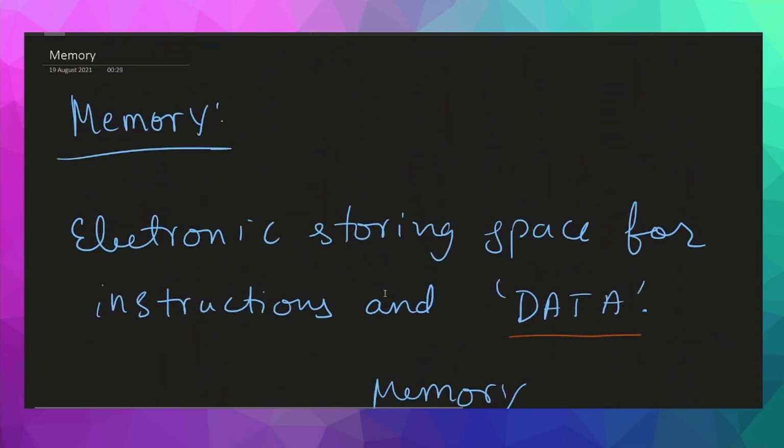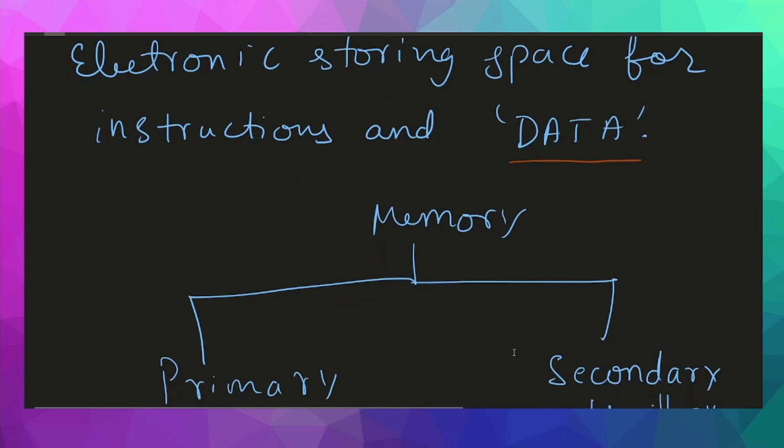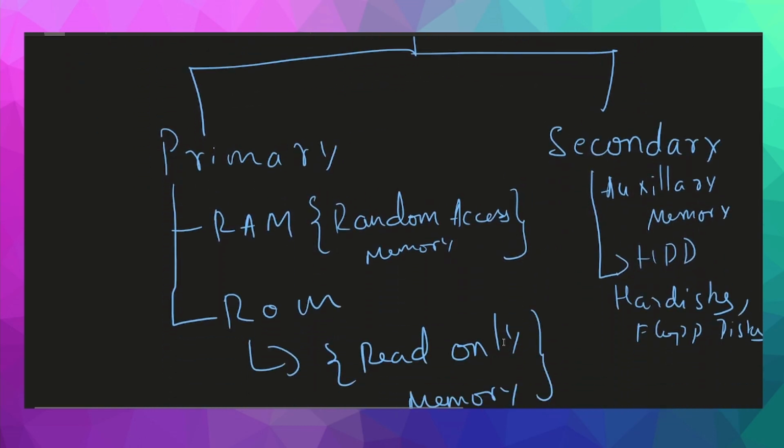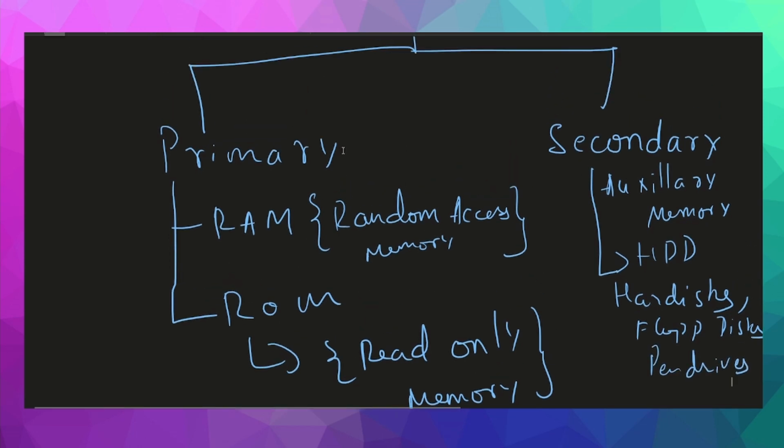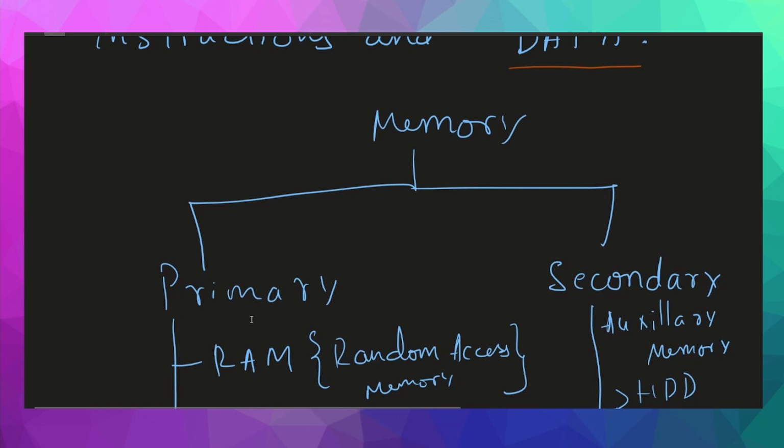Memory is the electronic storing space for instructions and data, divided into primary and secondary memory. Primary memory consists of RAM and ROM. Secondary memory, also known as auxiliary memory, consists of HDD, the hard disks, floppy disks, and pen drives. The primary memory is the faster memory, this is the slower memory.